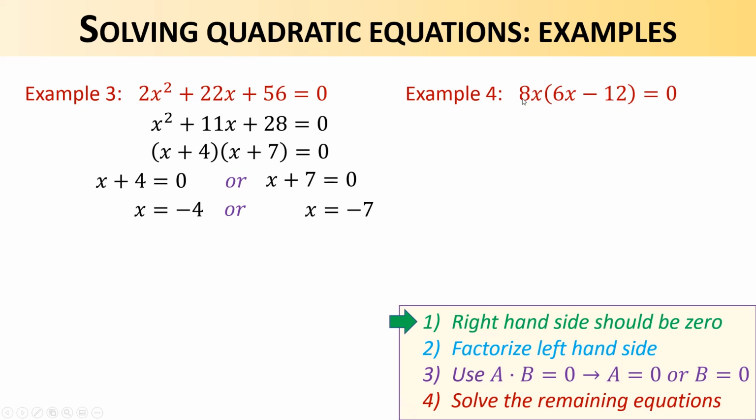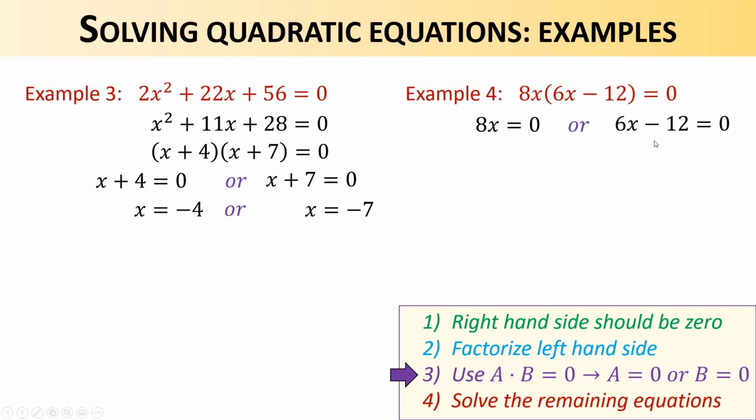Next example, is the right-hand side in this equation already 0? Yes, it is. So we want to move on to factorize it, but then we see that this is already a factorized form. It's not perfect actually, because we could take out some further factors here, but it's good enough for solving the equation. So let's just leave it as it is and say we have a product here of two factors. 8x times 6x minus 12 is 0, so that means that either 8x is 0 or 6x minus 12 is 0.